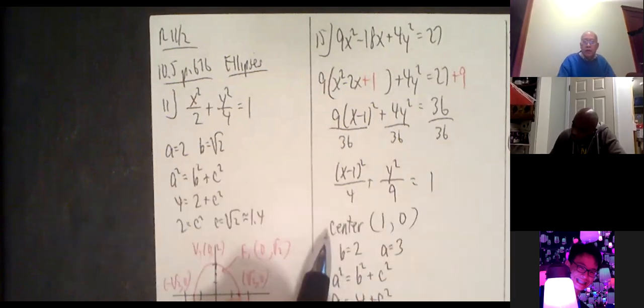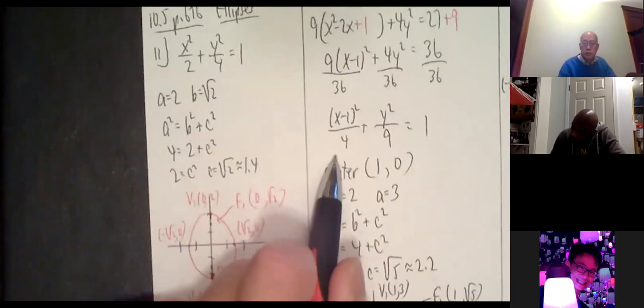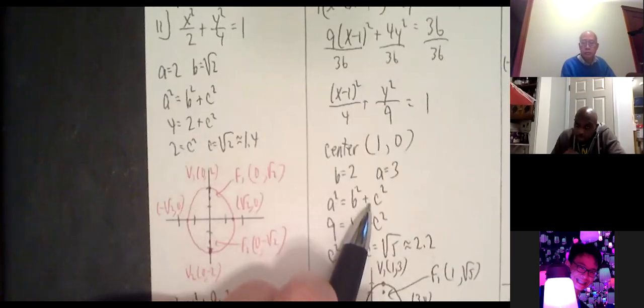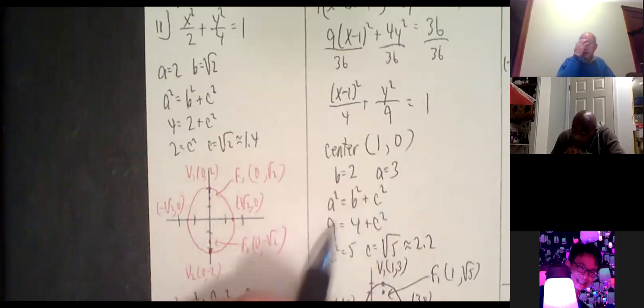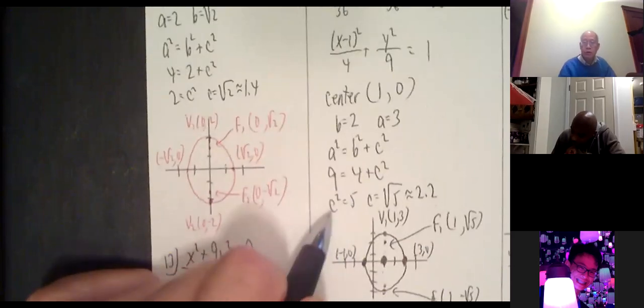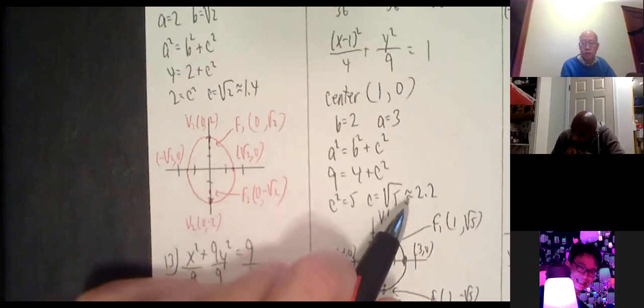So a is 3, center is 1, 0, b is 2, a is 3, a squared equals b squared plus c squared. So a squared is 9. 9 equals b squared is 4 plus c squared. Subtract 4. C squared equals 5. So c is radical 5, which is about 2.2.